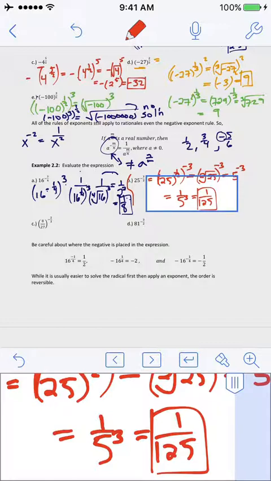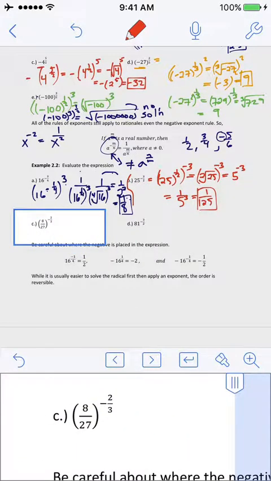So you can put the negative on the fraction, you can put the negative on the whole number, you can put the negative on the denominator or the numerator is what I'm trying to say. Heck, you could deal with the negative last if you wanted to. You could deal with the whole number first. Since it's all multiplication, it's all commutative. You can do whatever order you want. If you don't like dealing with fractions, deal with the radical part first, then deal with the negative exponent.